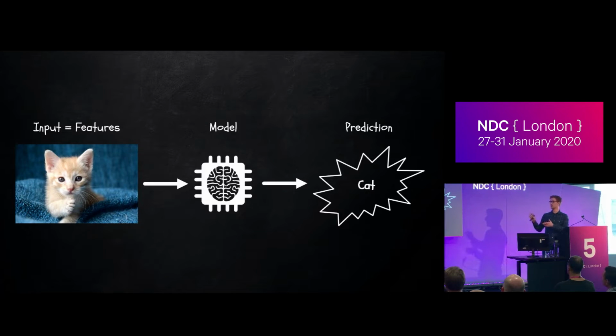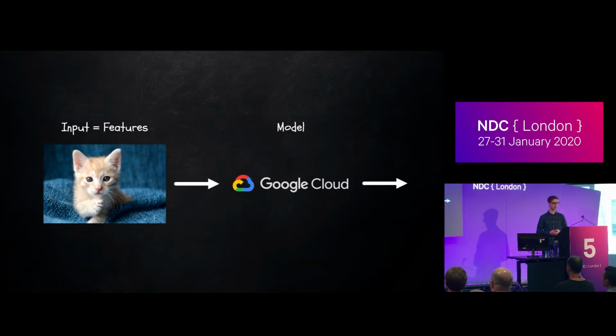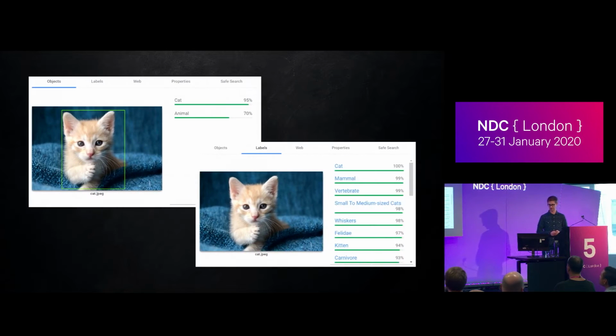We can develop this model ourselves, but in particular for this problem, there are many good pre-trained models out there. For example, we can use Google Cloud Vision API. So let's try and do that. We take this picture of a cat, put it into the Google Cloud Vision API, and out comes a result.